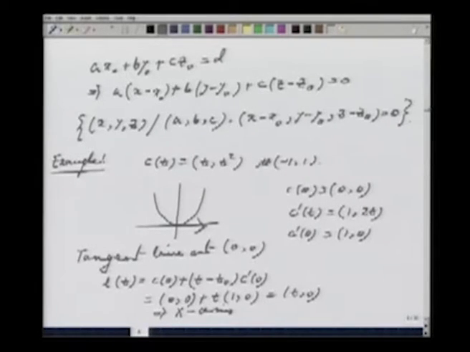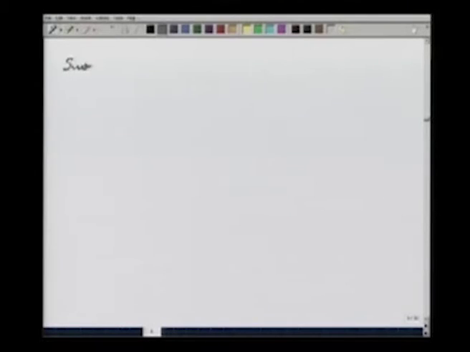Okay, fine. Now I define something called a surface. So what is a surface? I would say a surface in space. Let us say f is a function from R³ to R, and f is differentiable.